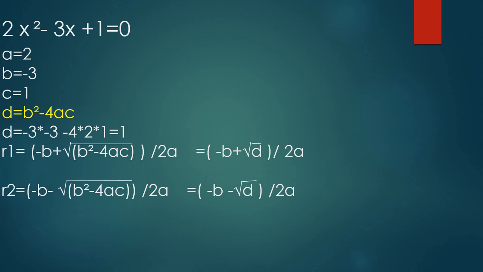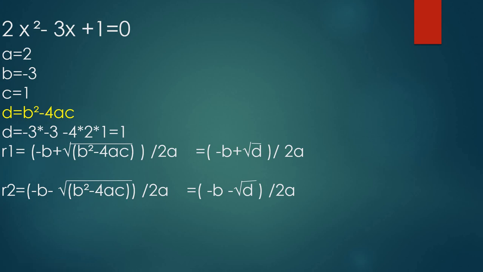Then what is the determinant? Here this b square minus 4ac is called the determinant. Here we are representing it with the variable d. D, or determinant, is equal to b square minus 4ac.